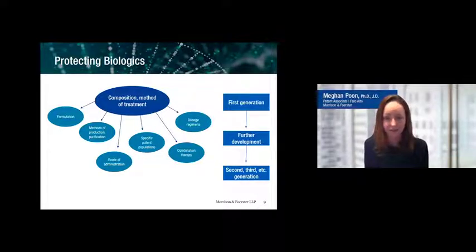You might eventually identify specific patient populations of individuals with solid tumors or brain cancer or different, more specific indications, which again can provide a new avenue for protection. Also combination therapies. Typically in the first generation, we try to protect the biologic itself as well as a monotherapy of the biologic, but oftentimes combination therapy can be very effective, both combinations of biologics with one another and also biologics with chemotherapeutics, for example.